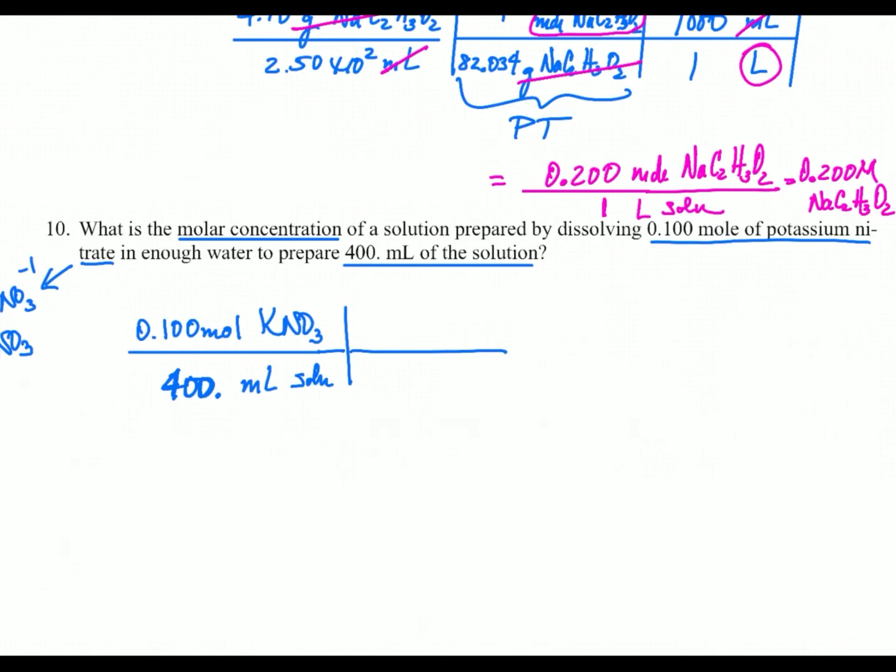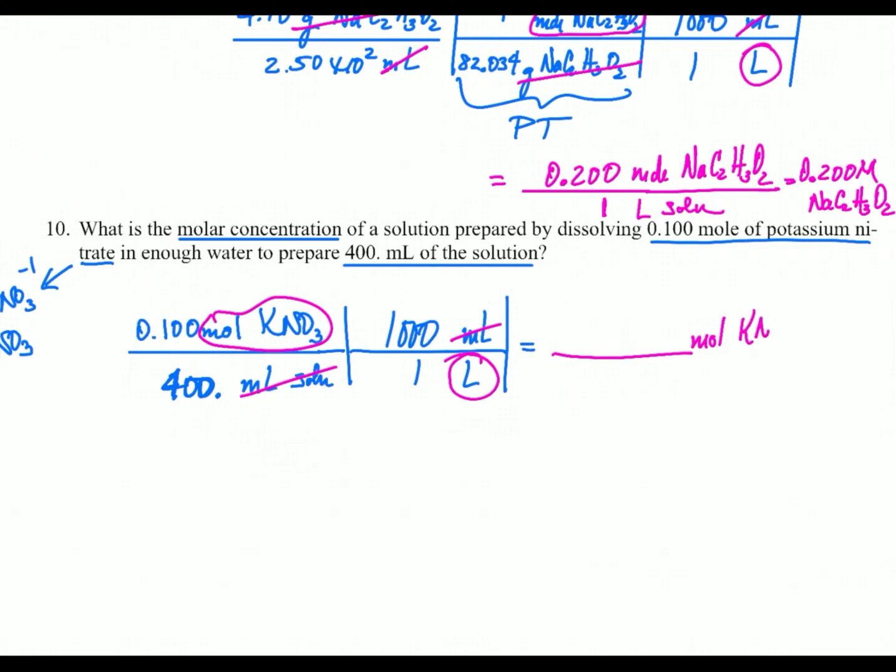So your only job here is to get from milliliters to liters on the bottom. Once you do that math, moles will remain on the top, milliliters will cancel, and you will be left with liters on the bottom. So you have gotten to moles of KNO3 per 1 liter of solution, which is molarity, which is what they ask you for.